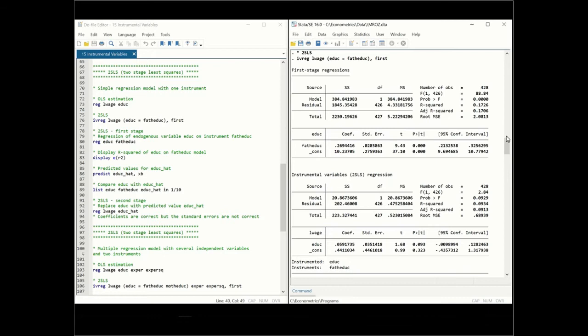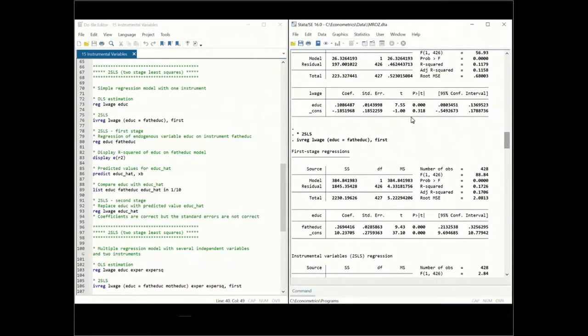Now, another thing to notice here is that these standard errors here are much larger than the standard error. So this is the 0.03. It's much higher than the standard error right here, which is 0.01 for the OLS estimation. And the reason for that is that the variance here is basically this variance divided by this r squared here.